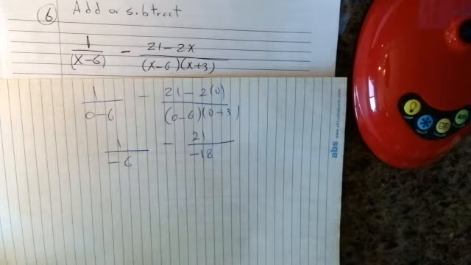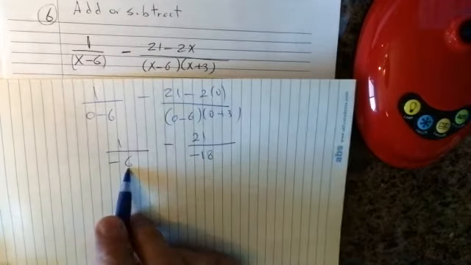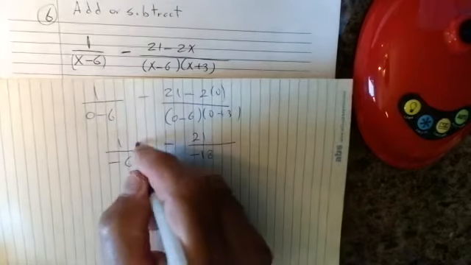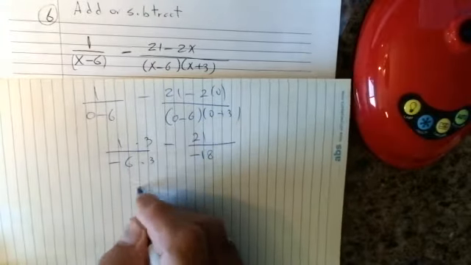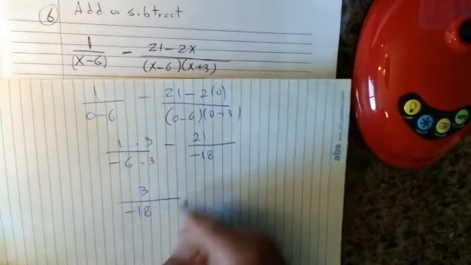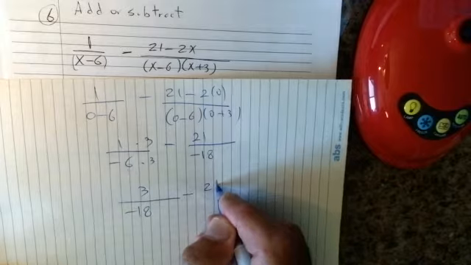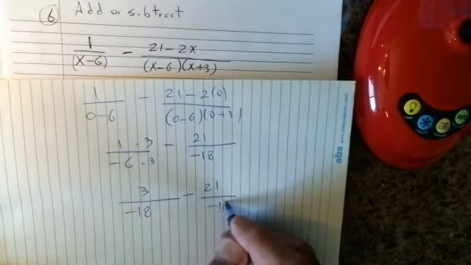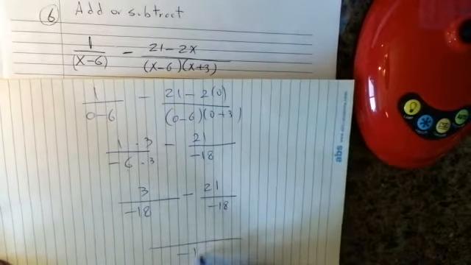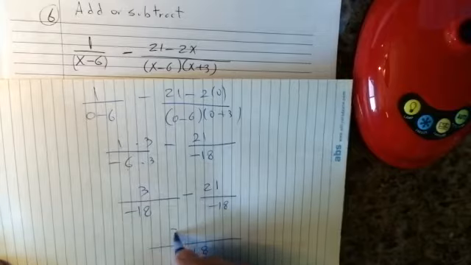And then this is minus 6, this is minus 18. We'll multiply this by 3 and 3. So it's 3 over minus 18, minus 21, minus 18. So it would be minus 18, and here 3 minus 21.